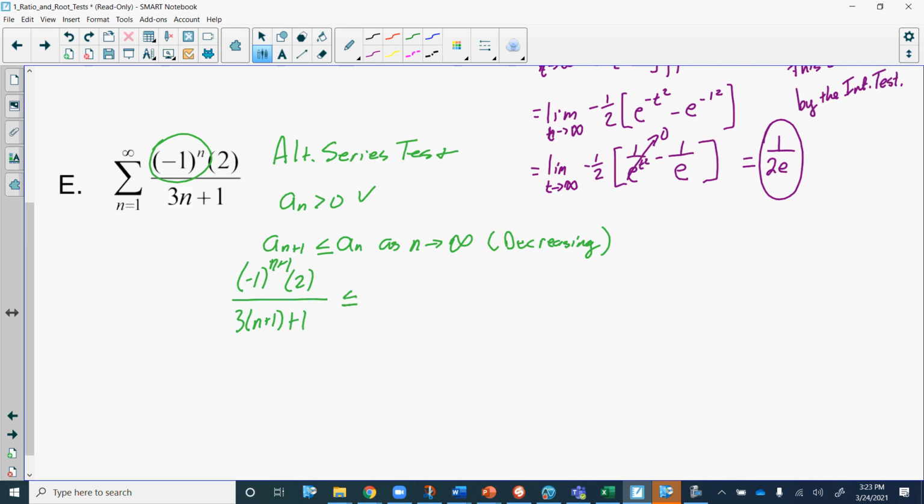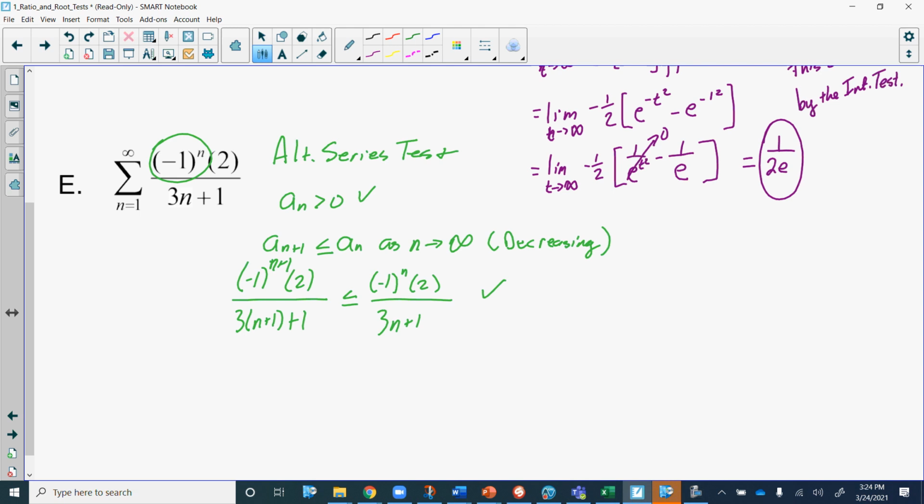Is it going to be less than or equal to the given function of negative 1 to the n power times 2 over 3n plus 1? Here we're still going to have alternating signs in the numerator, positive or negative. So the numerator really doesn't change, but the denominator on the left does grow faster than the denominator on the right. So the overall larger denominator in the fraction on the right will produce an overall smaller number. So yes, it is going to be decreasing.